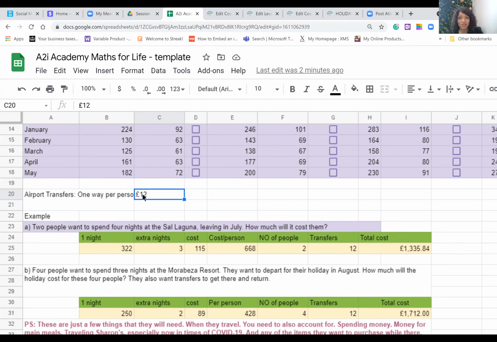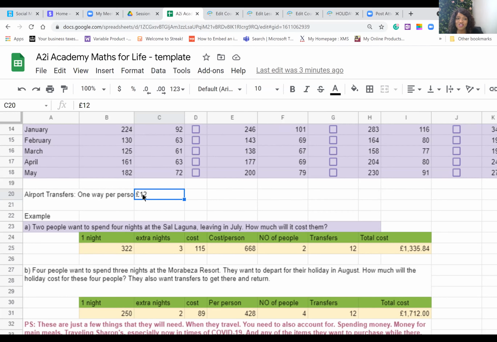Okay, £12 just to go from one airport to the hotel, and then you need to pay back from the hotel to the airport. Usually when you come back home, you know your way around, or you have someone to pick you up, but it's up to you if you want 4 journeys, and that means you need to times that by 4. Okay, so we have then 2 people. There are no transfers.